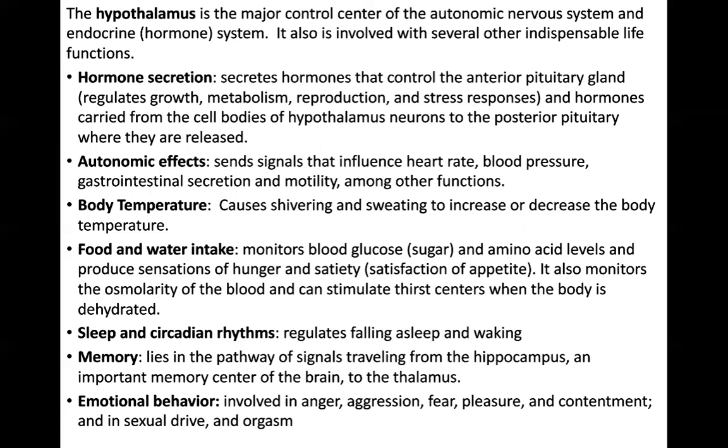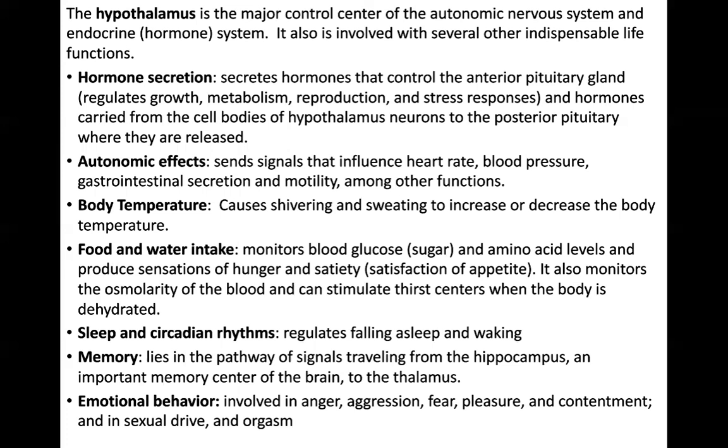All right, your hypothalamus is a portion of our brain that you guys are going to get pretty tired of hearing about, because this segment of our brain is going to control just about any and everything we talk about from here on out. It is the major regulator, as it states there, of our autonomic nervous system.